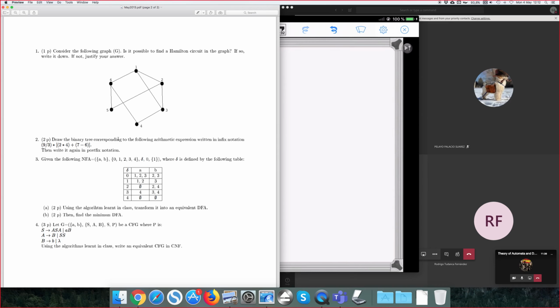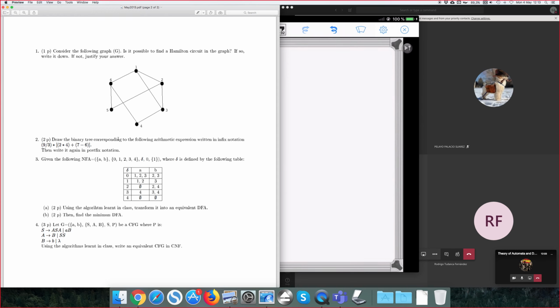Here we have to draw the binary tree that corresponds to this arithmetic expression, which is in infix notation. And after we have found the binary tree, we need to traverse the tree in post order to obtain the postfix notation for the expression.